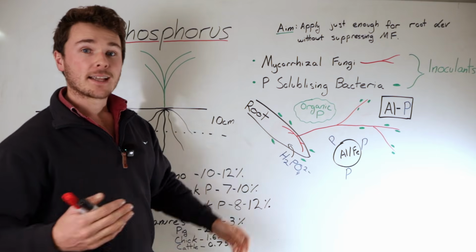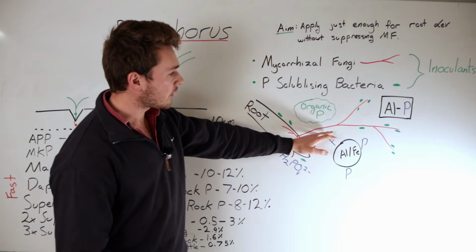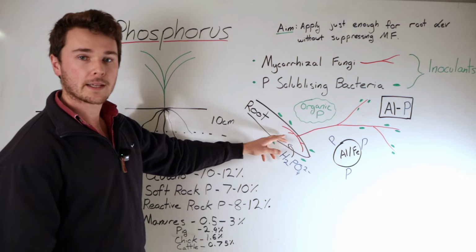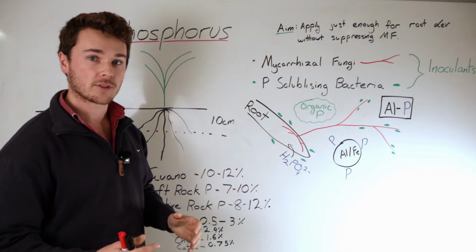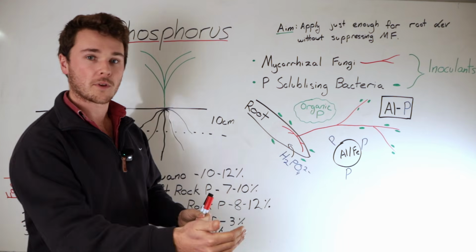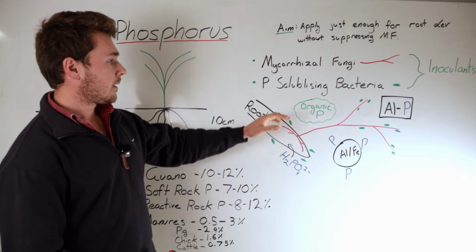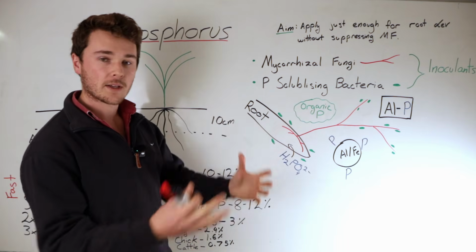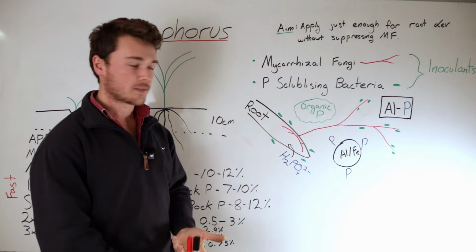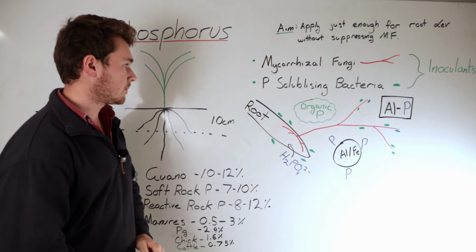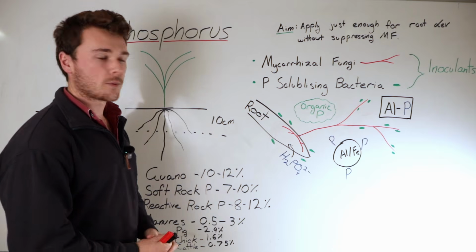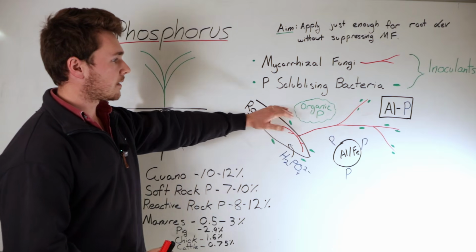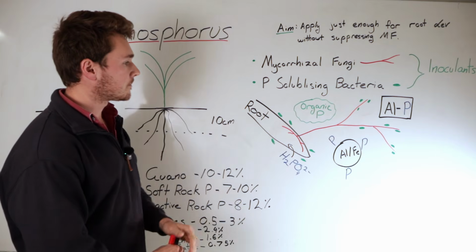The plant itself doesn't actually need to pick it up. The microbes or fungi can pick it up and transport it to the plant in exchange for carbohydrates or sugars that the plant produces through photosynthesis. So this is super important. Organic phosphorus can be broken up by phytase and phosphatase, as well as, I'm sure, different enzymes, but they're the two main ones, and I'm sure organic acids can help with that process.